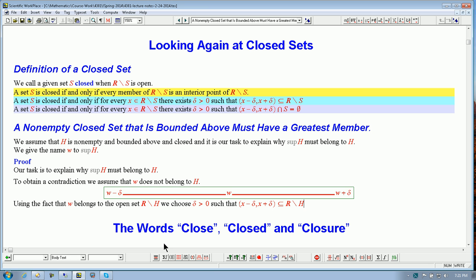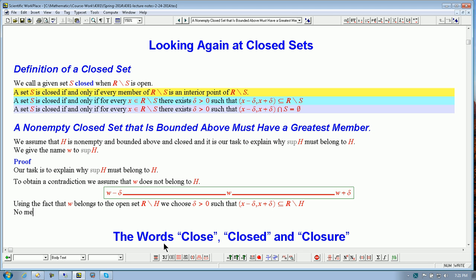Using the fact that X. All right. Now, where can numbers in H belong? No member of H can be greater than W minus delta. Let me tell you why, but I'm not giving you as much detail as I gave you last time.